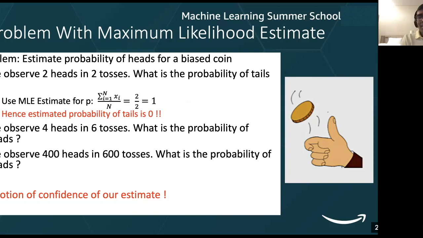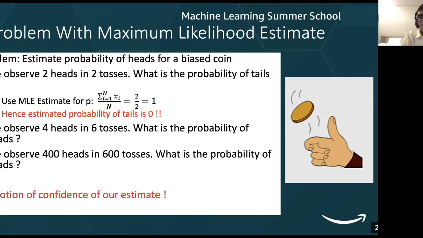So what really is the problem here? The problem is that maximum likelihood estimation does not incorporate any notion of confidence in our estimates. And that can prove problematic, especially in scenarios where your data set is limited, and even in scenarios where you're learning a large set of parameters but you really don't have sufficient data to be able to characterize them very effectively.